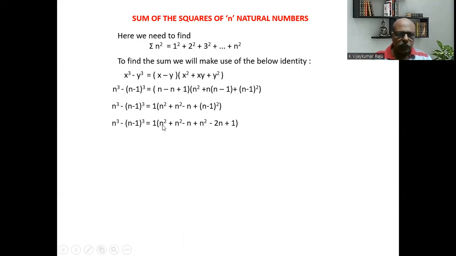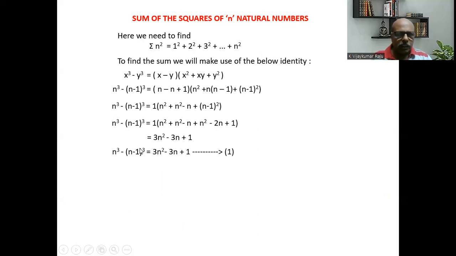Now if you see here, n², n², n², we have got n² three times. n and 2n are both negative, it will be minus 3n plus 1. So n³ minus (n minus 1)³ is 3n² minus 3n plus 1.